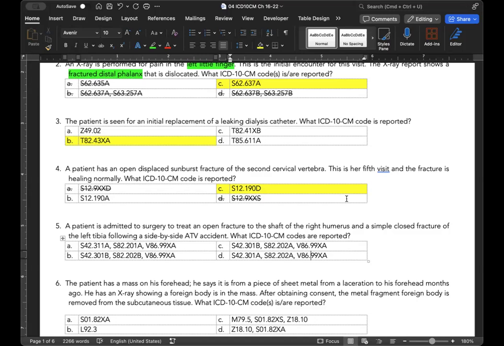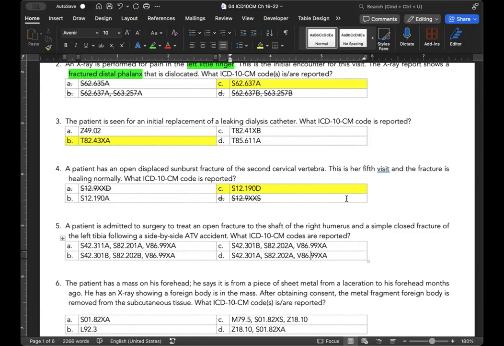Subsequent encounters means that they are in the healing phase, so there's not any active treatment happening during the encounter. In this scenario, you have D for routine healing, G for delayed healing, and K for non-union. So if they are not actively treating it and they notice that it's healing routinely, then it's going to be D.